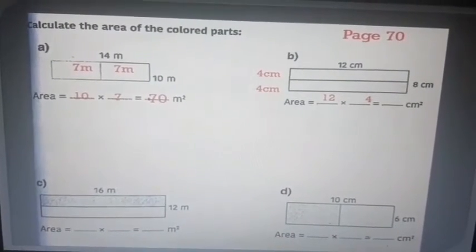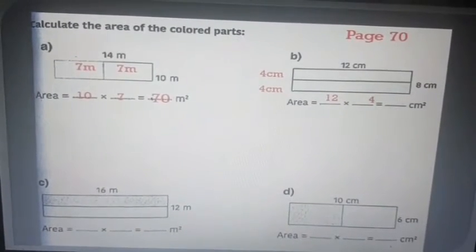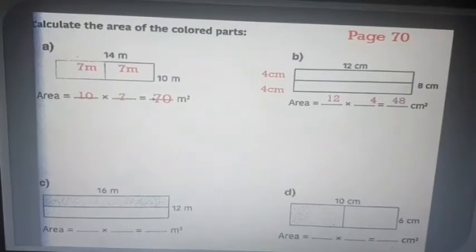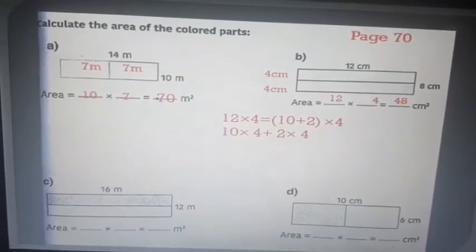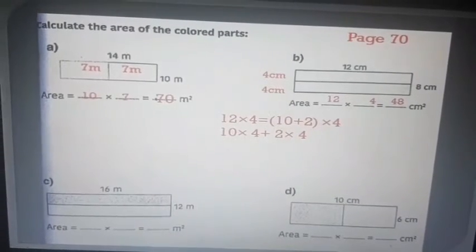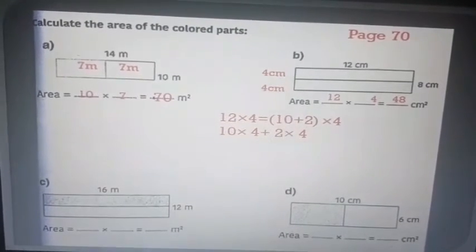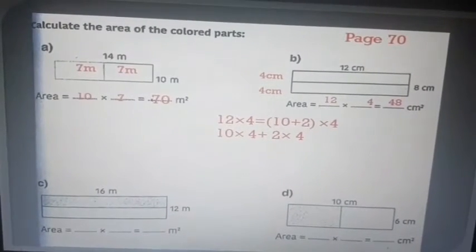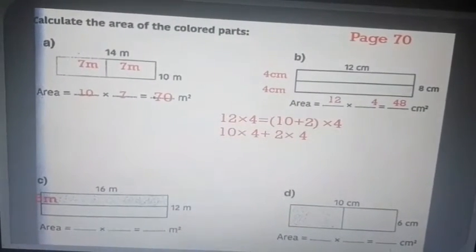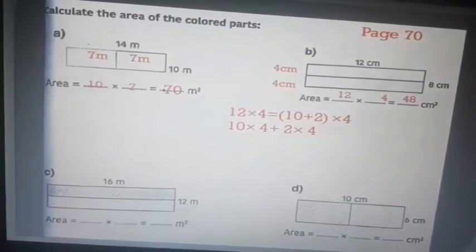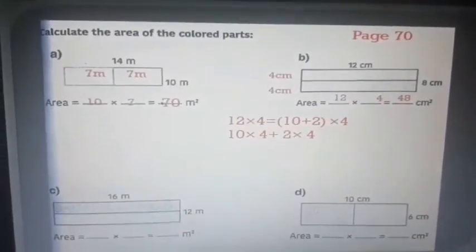Okay, but here I have a big number, so I divided the 12 using the distribution property. 12 times 4, I will divide the 12 into 2 numbers, 10 and 2, and distribute: 10 times 4 plus 2 times 4 to get 48 as the final result.